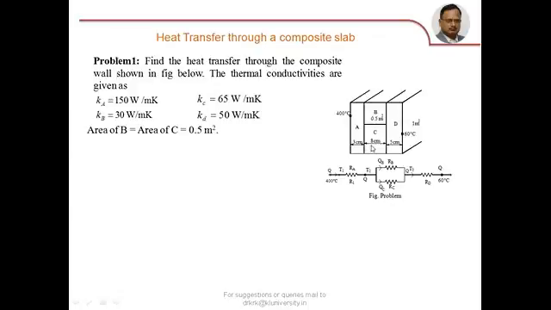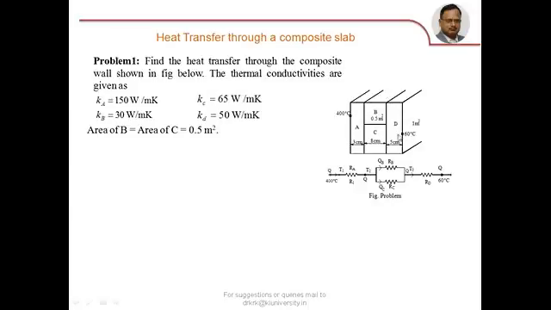Thickness of B and C is 8 centimeters. Thickness of D is 5 centimeters. The left hand face is at 400, right hand face is at 60 degrees centigrade. Let us take the face area 1 meter square, but particularly for B and C, the areas are given as 0.5 meter square, half of the height, imagine.